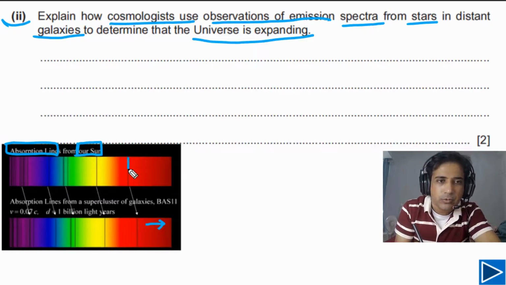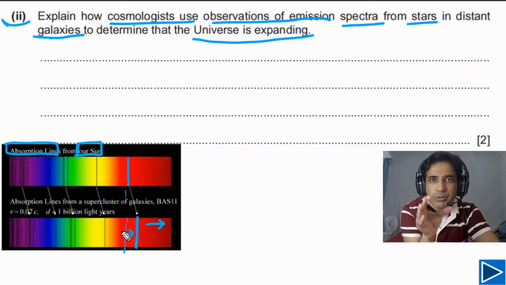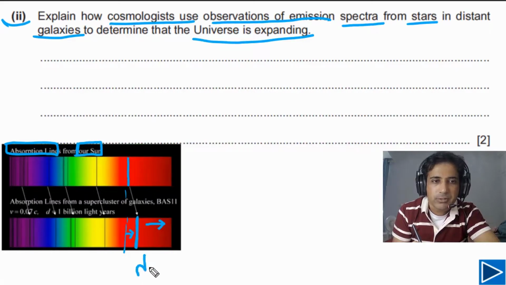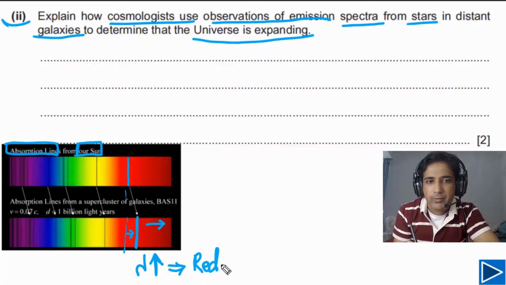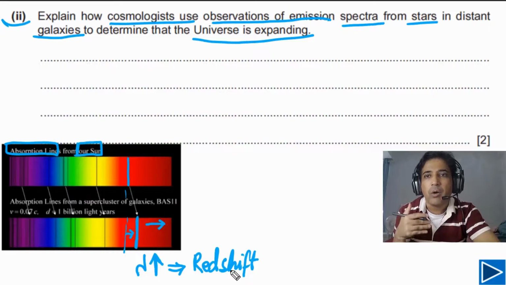In our sun we see this line here, but in another star this line has been shifted by a certain amount towards the red end. In this case the wavelength has increased, so lambda of the spectral lines has increased. We call this redshift, and redshift tells us that distant stars are moving away from us.